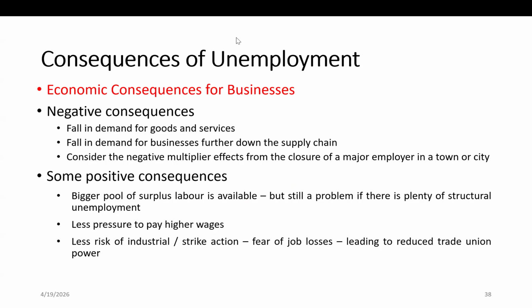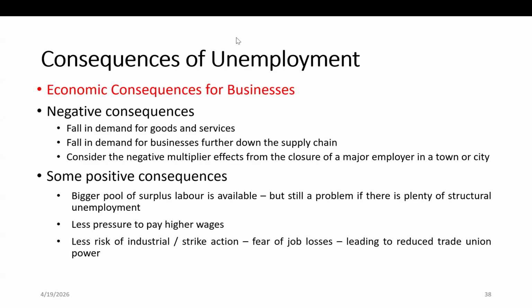A fall in demand for goods and services. So why is there a fall in the demand for goods and services? Even though the companies will provide the same supply, people won't be able to buy all those goods and services that they bought previously, right?